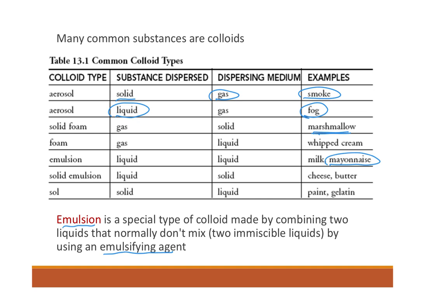Those two things would not normally stick together, but the emulsifying agent of egg yolk will help pull them together. Soap is also an emulsifier. That's what allows the grease to be removed from the plates or from your hands because it is able to combine that fatty substance with the water that you're trying to wash it off in.